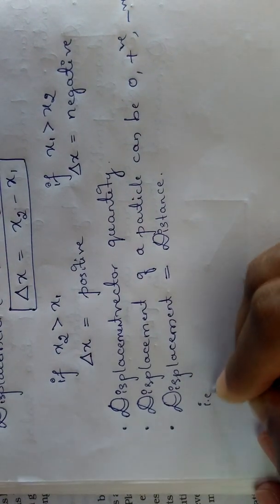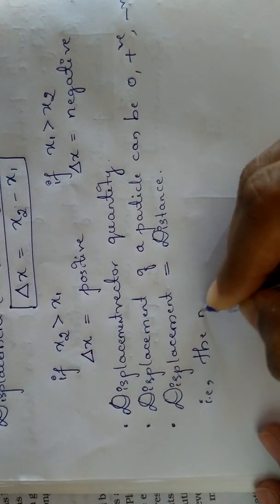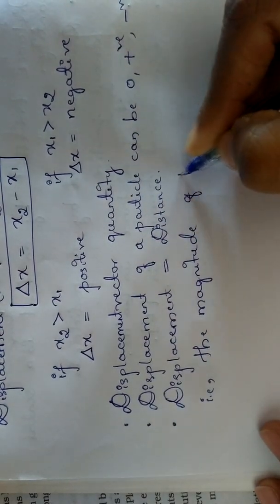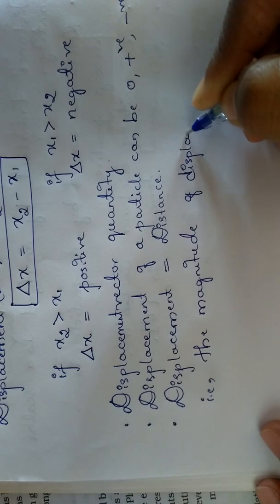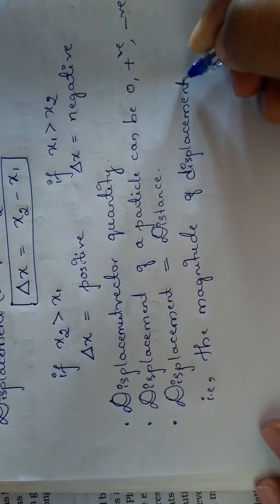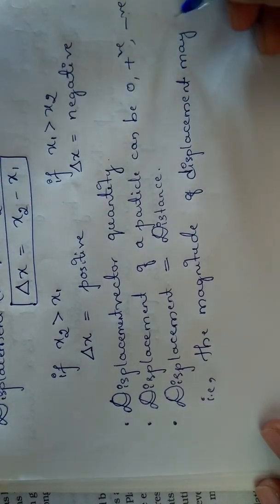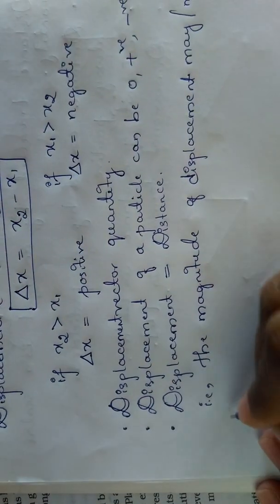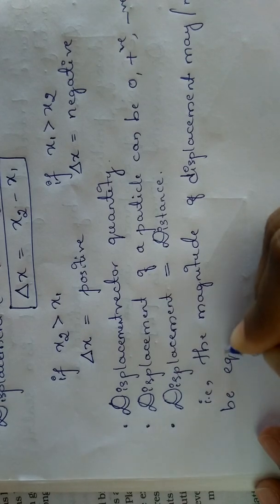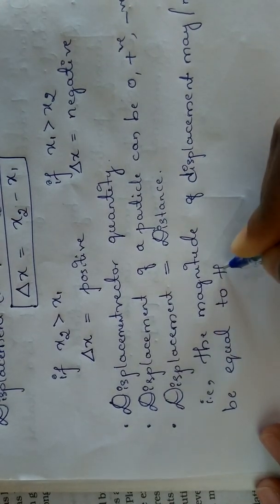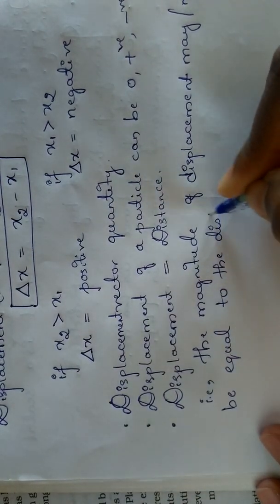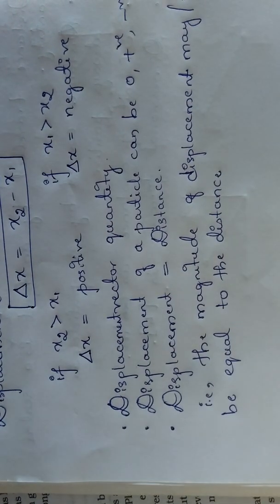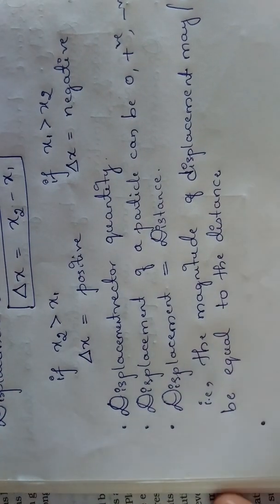That is, the magnitude of displacement may or may not be equal to the distance traveled by an object. So what is the SI unit of displacement?